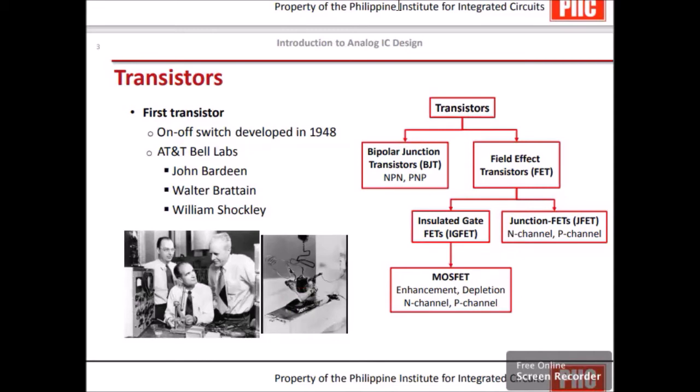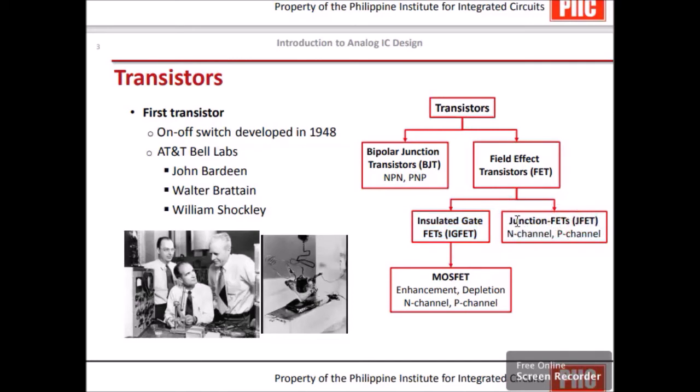Pag sinabi natin transistor, you've learned this in your electronics na meron siyang dalawang type. Meron siyang BJT or bipolar junction transistors, wherein yung BJT meron din siyang PNP and NPN. And then, aside from BJT, meron din tayong field effect transistors or FET. Yung FET, meron din siyang dalawang klase: insulated gate FETs or IGFET, and JFET or junction FET.